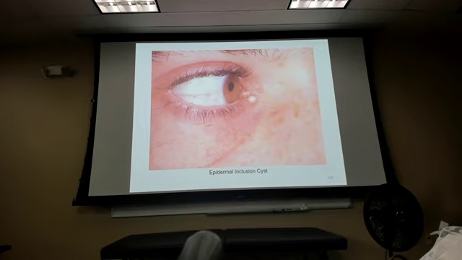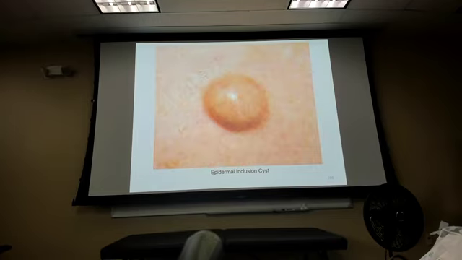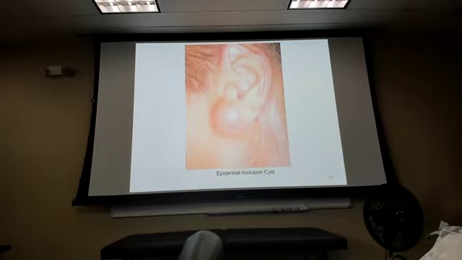EIC near the eye. I told y'all how it can have some of that telangiectasis. So it'll look like a BCC, basal cell carcinoma, of the eyes.